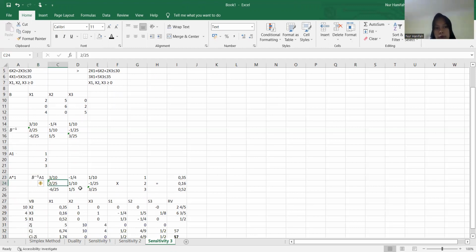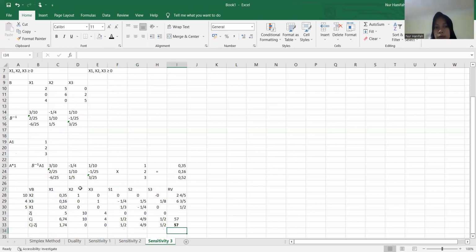This is the inverse of matrix B times A1. And then we get this value. We can apply this value into the iteration because I changed the A1 or x1 in here. I must change this row into this value.